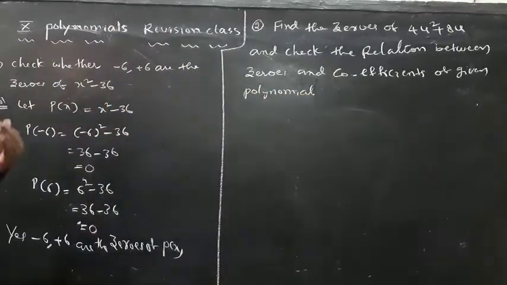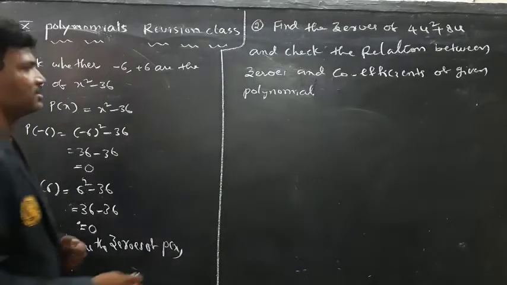Find the zeros of 4u square plus 8u and check the relation between zeros and the coefficients.